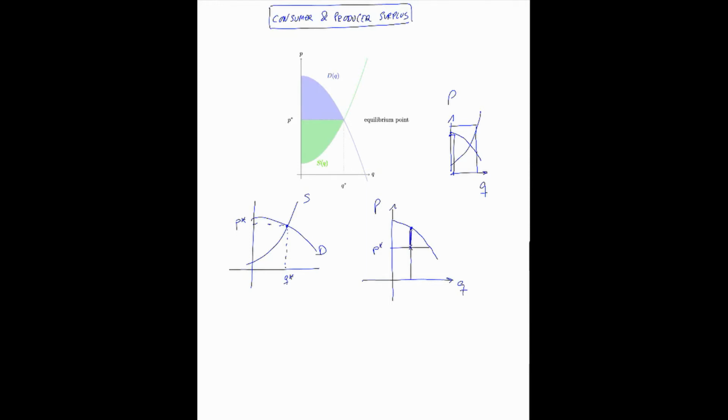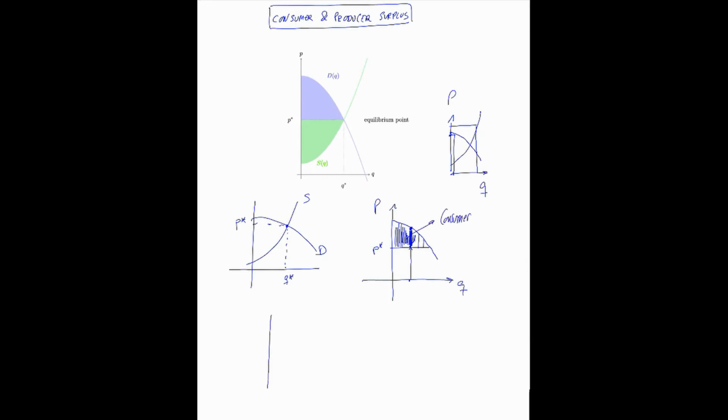Therefore, consumers are saving this much, because for this quantity they would be willing to pay this much, and they're paying only this. Similar here and here, or in all this line. So eventually this area is the cumulative saving of consumers, or consumer surplus.